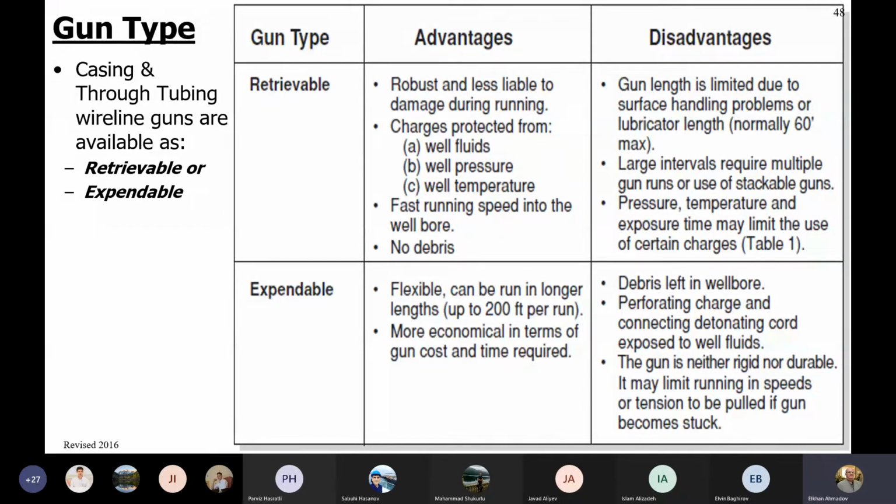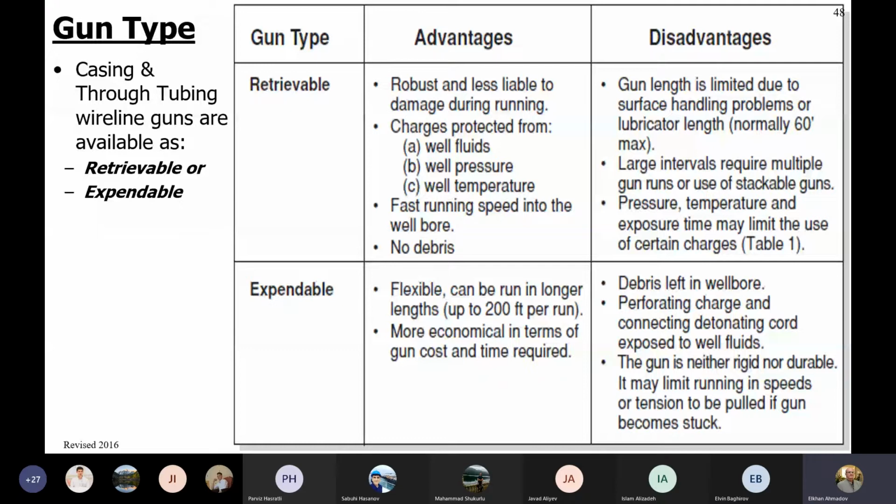Again, if we are running it with the wireline, we have to follow the weight limit of this wireline cable, and for certain charges we may have an exposure time limit because this is a metal case.